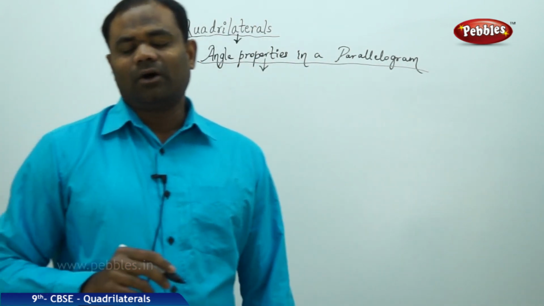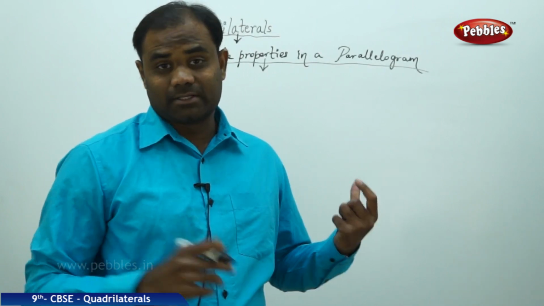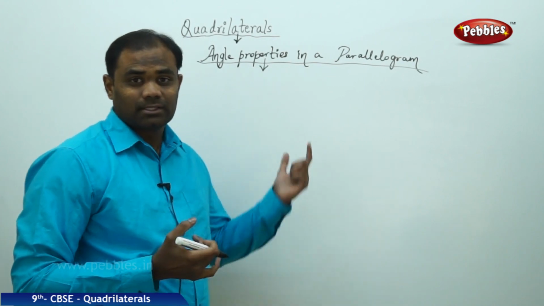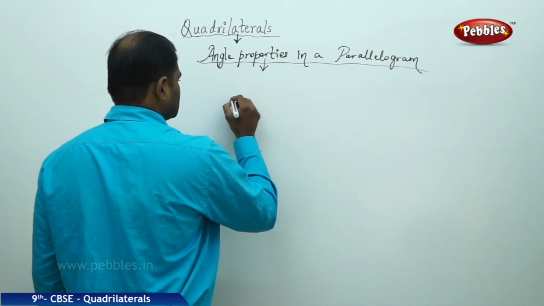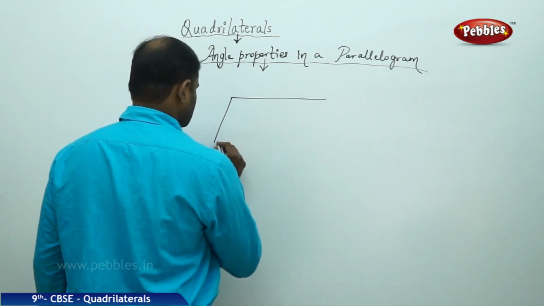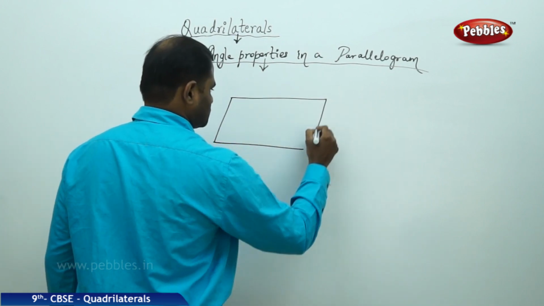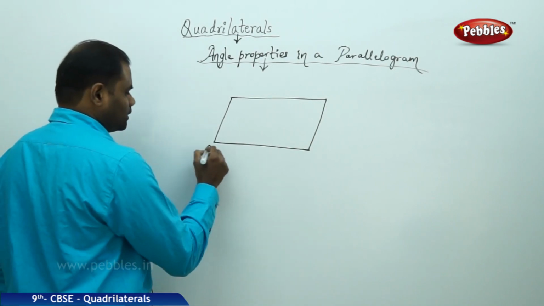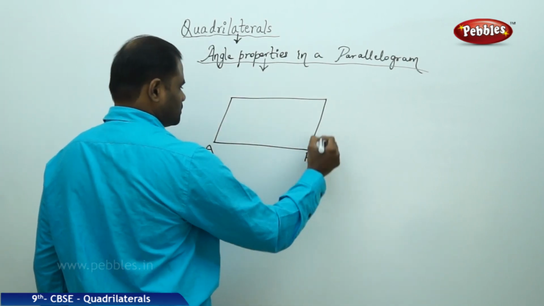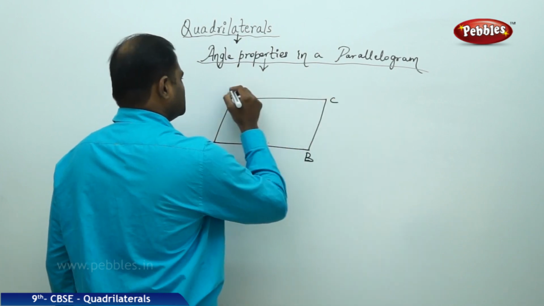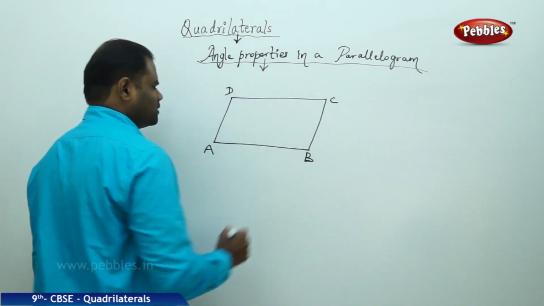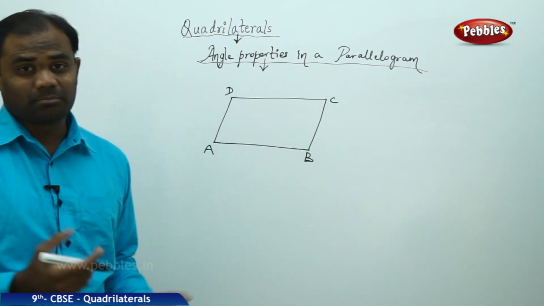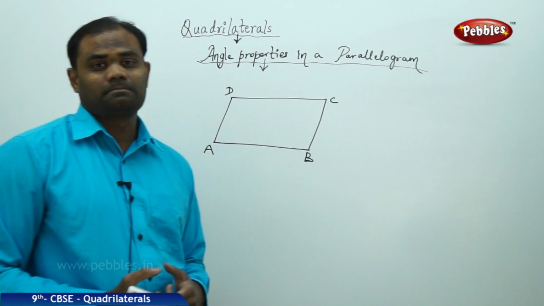So let's see how the angle properties are defined in a parallelogram. So let's take a parallelogram ABCD, in which opposite sides are parallel and of course equal.